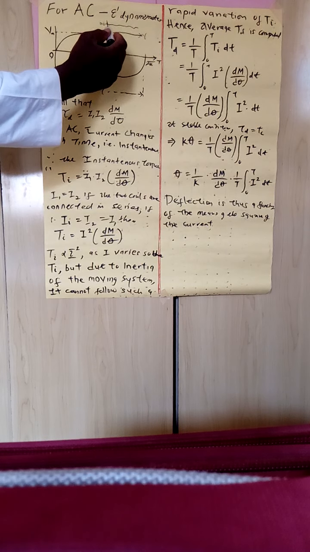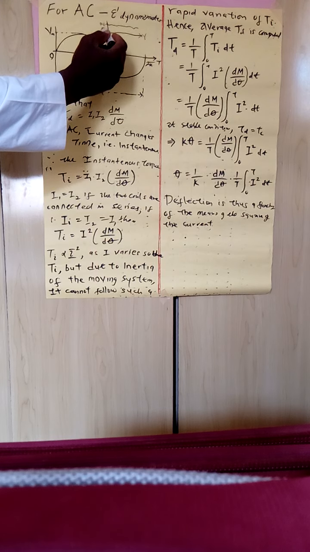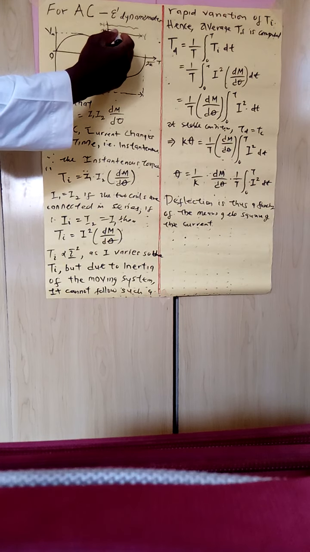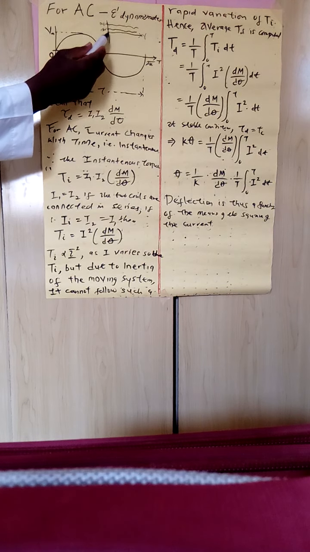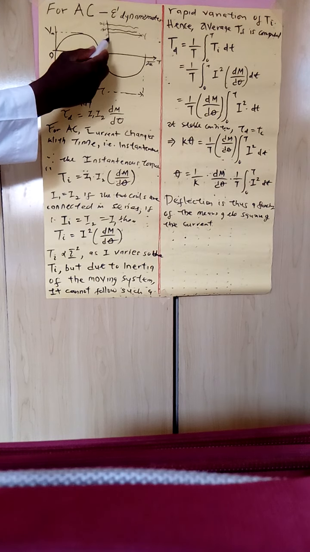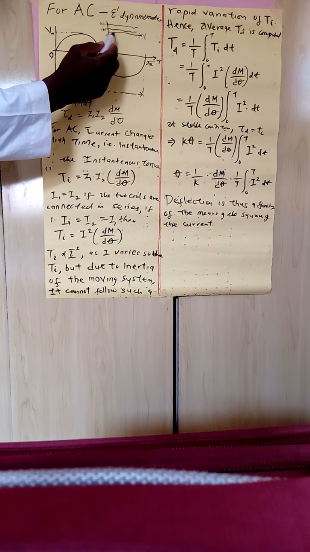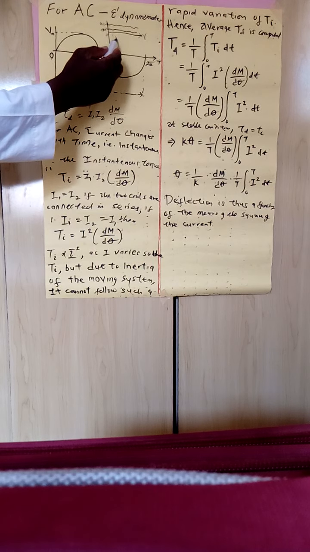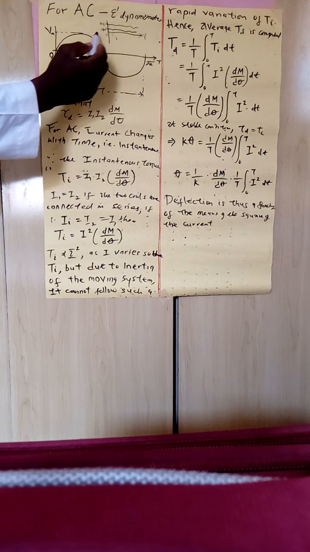If it is 0.5 volt, it continues to remain 0.5 volt. If this is 0 hour, at 0 hour it will be 0.5 volt, at 2 hours it remains that, at 3 hours it remains that, so that is DC.